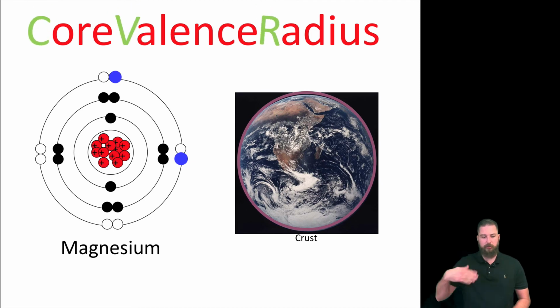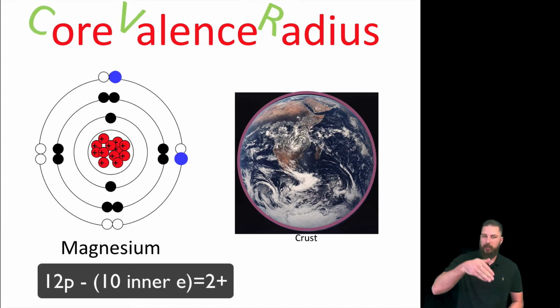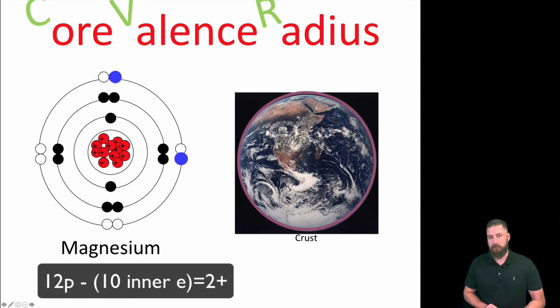And so these electrons sort of shield the nucleus. So we have 12 protons in the center here. But underneath this electron here, there's actually 10 electrons. So there's 10 electrons that are underneath this valence electron.